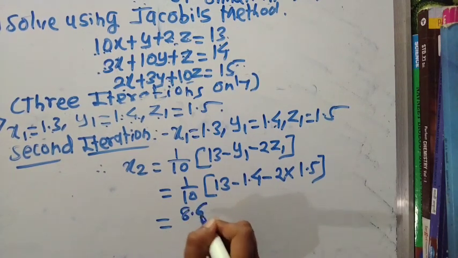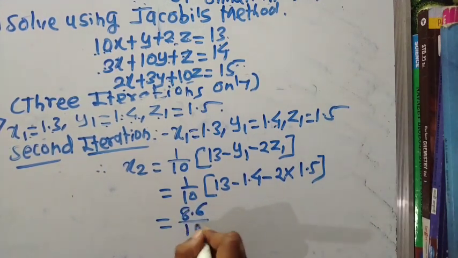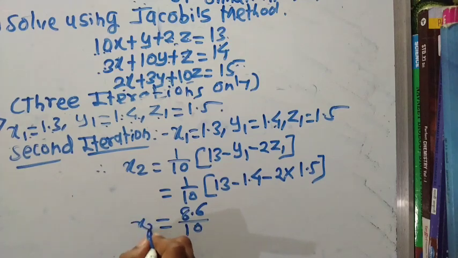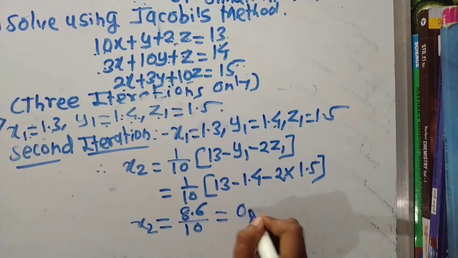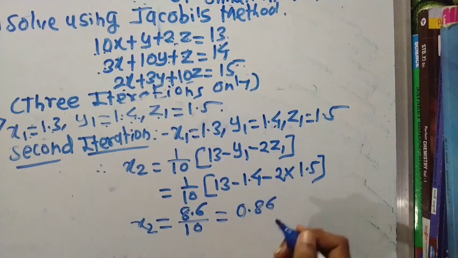So 8.6 divided by 10, which is equal to 0.86.